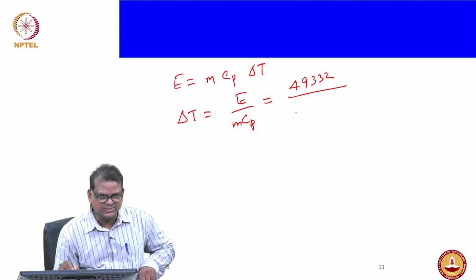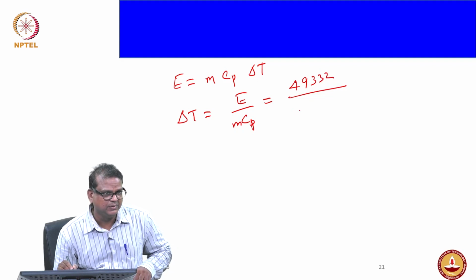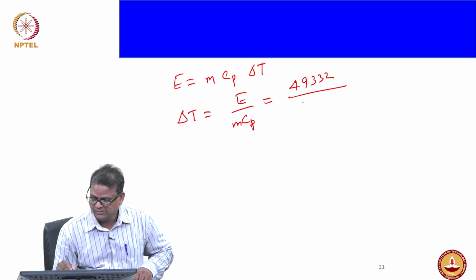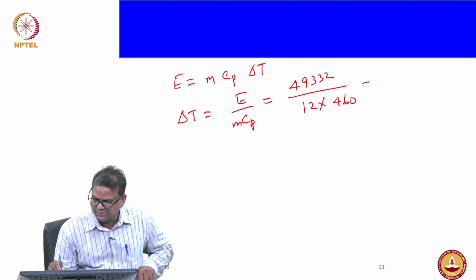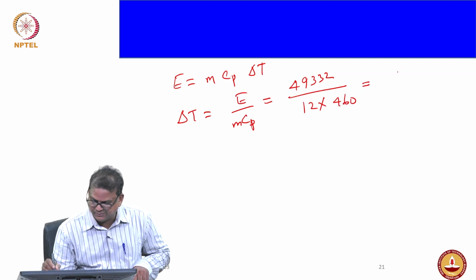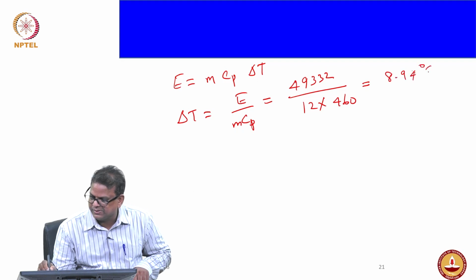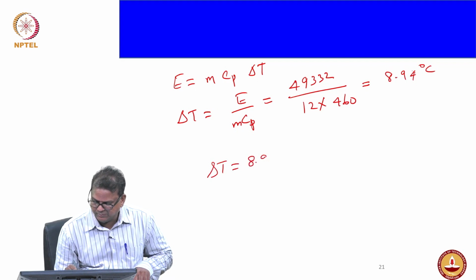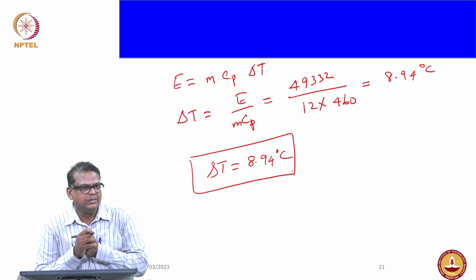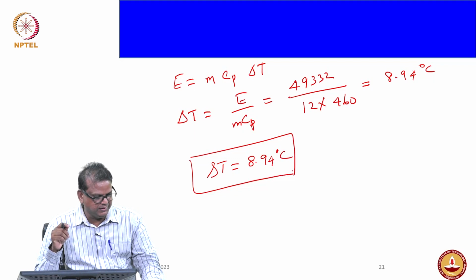What is the m here? The weight of the brake, 12. Then specific heat capacity given as 460. So, when you do that, the temperature rise due to the braking is 8.94 degrees Celsius. The delta T is 8.94 degrees Celsius. Okay. That is fine.